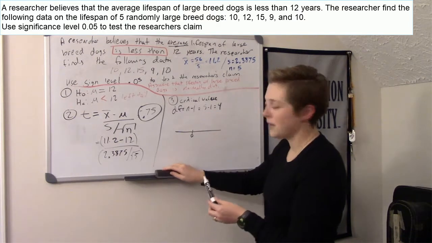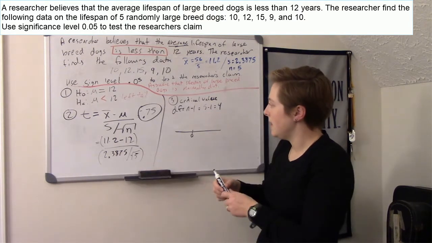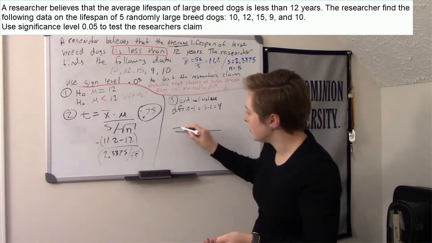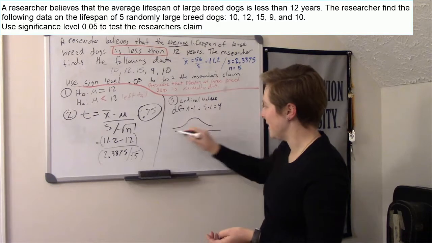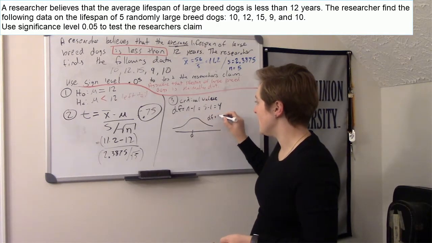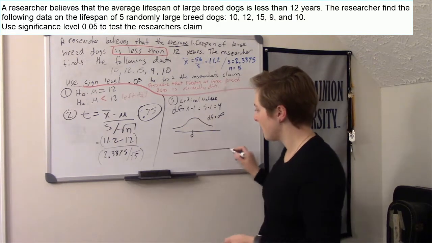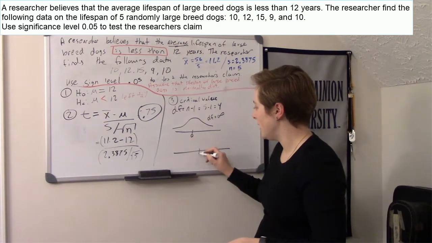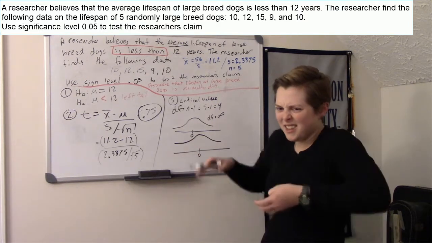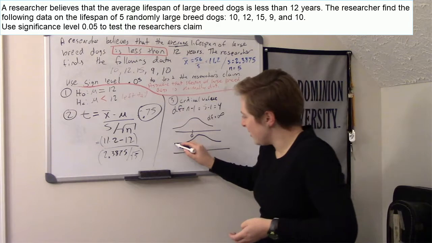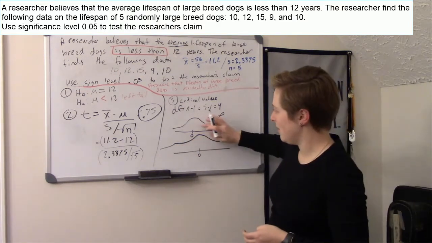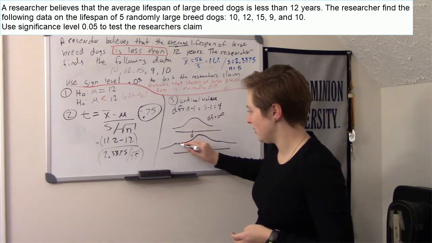If your degrees of freedom is very large, say infinite, then it looks exactly like the normal distribution. If your degrees of freedom is really small, then it looks more like this. It's got thicker tails than the normal distribution does.